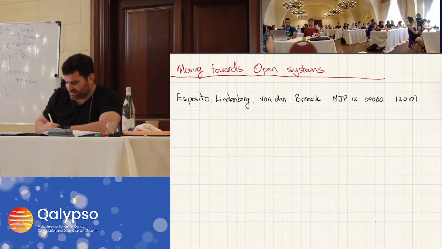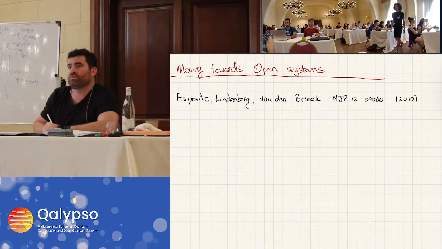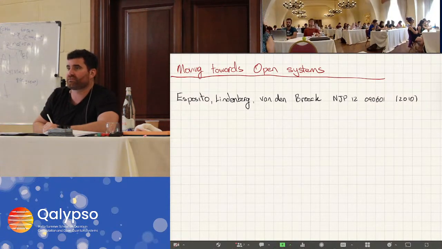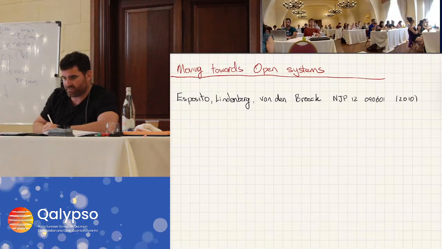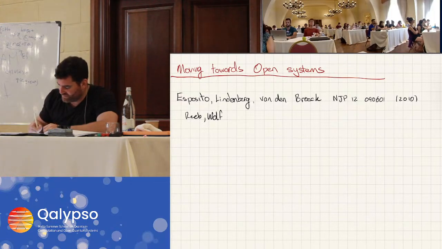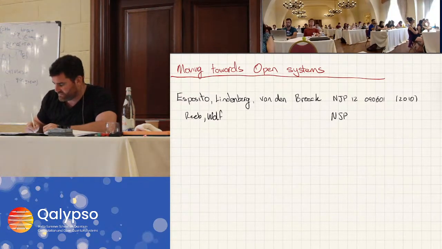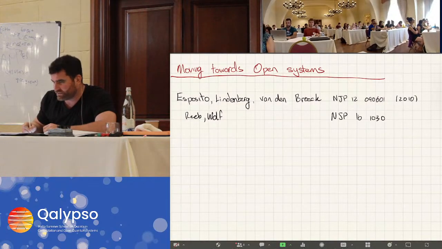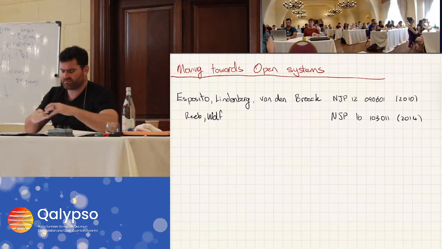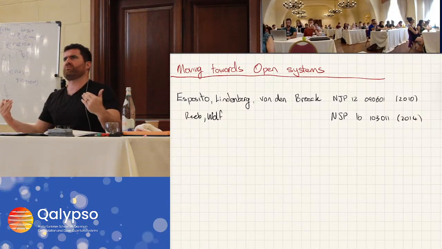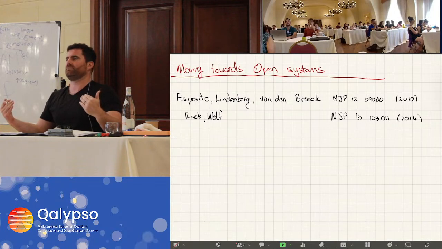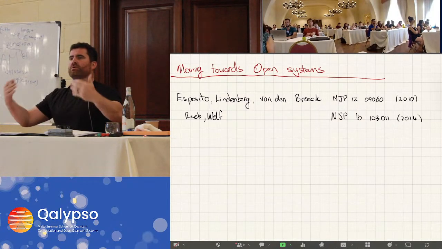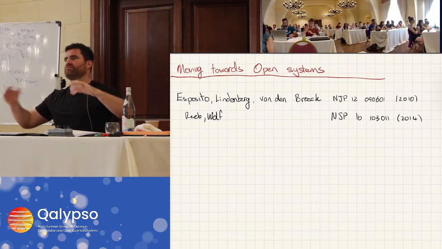The same result, more or less, was rediscovered by Michael Wolf and David Reeb around 4 years later in another paper in NJP, 16, 103011, 2014. The first paper, if I remember correctly, is called entropy production as a correlation between a system and reservoir, something along these lines.